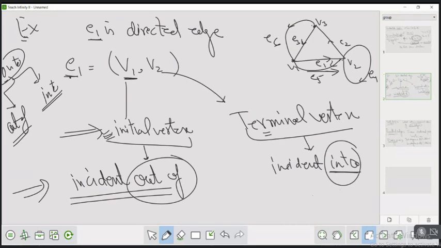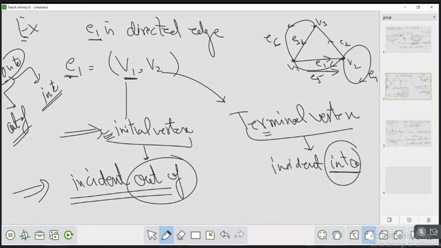Now what is the degree of V2? First of all, what is the out degree of V2? 2, sir.